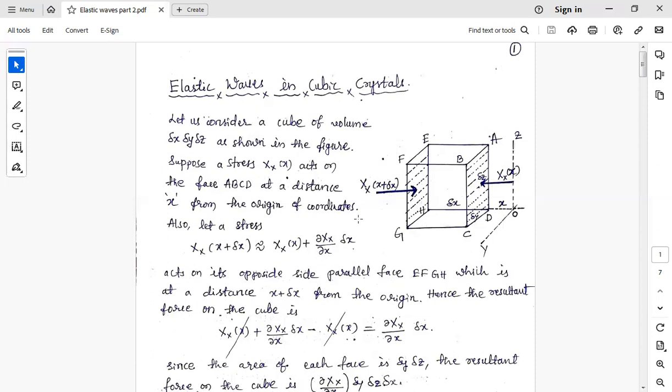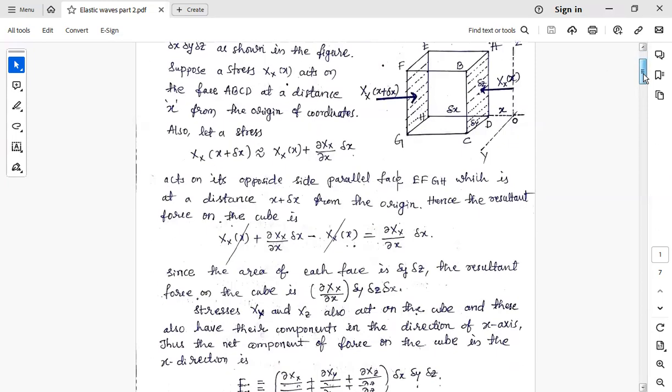This is the stress acting in this direction, and this is the stress acting in this direction, and we have written the stress in this way. Since these two stresses are in opposite directions, we get a resultant stress acting on this cubic crystal.